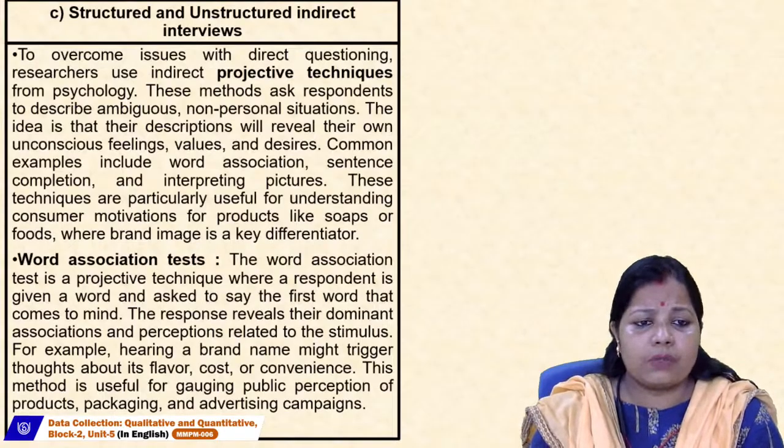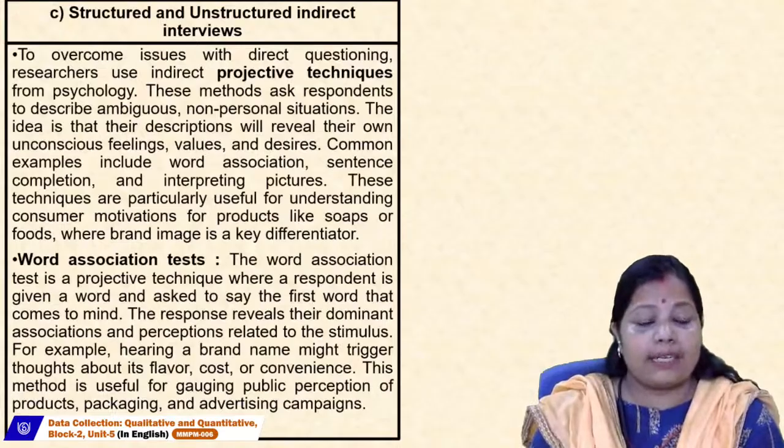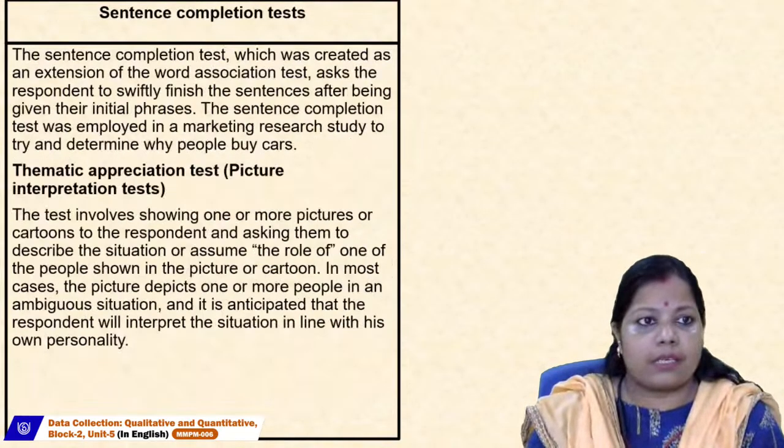So what is the word association test? The word association test is a projective technique where the respondent is given a word and asked to say the first word that comes to mind. The response reveals their associations and perceptions related to the stimulus.